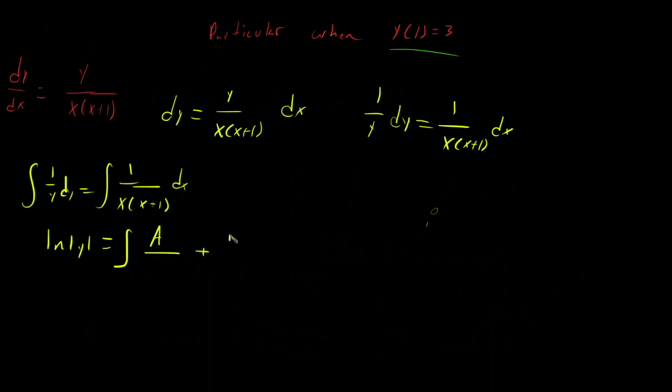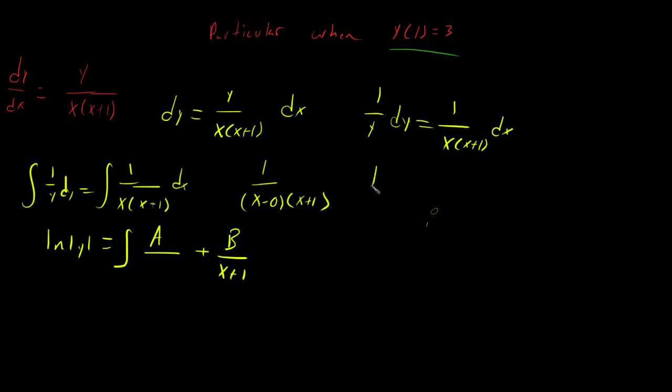A pro tip about partial fraction decomposition: how do I split something into two things, like if this was an x squared or an x to the fifth? In this case, when it's x to the first minus one, you can just think of this as a binomial, as x to the zero times x plus one.